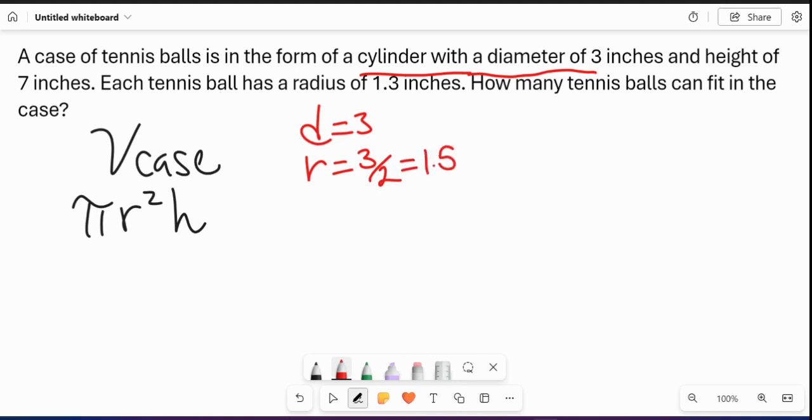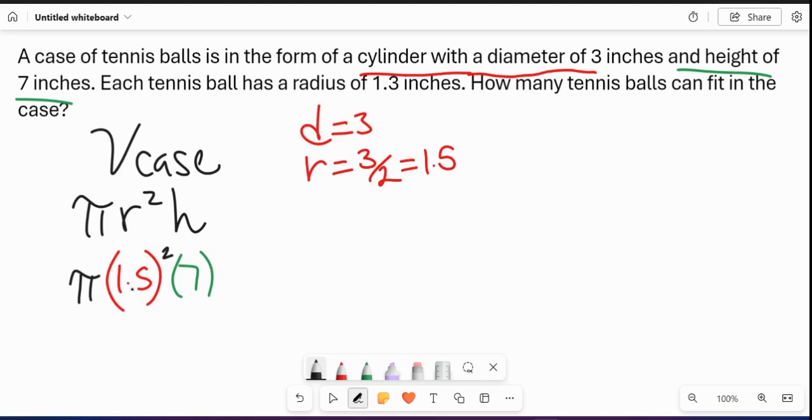So that is going to go in for my radius of the case, 1.5. And then the height is 7, so that goes in here. Okay, can't forget the squared.